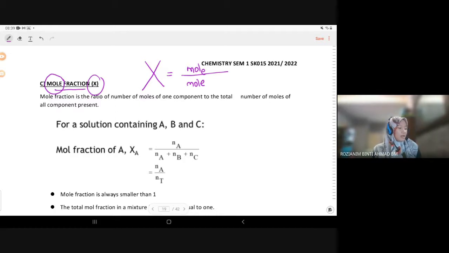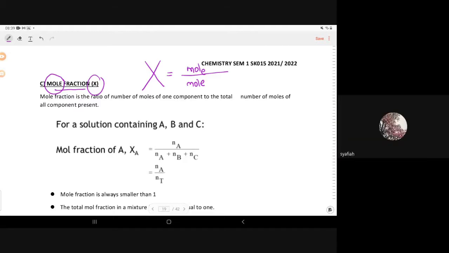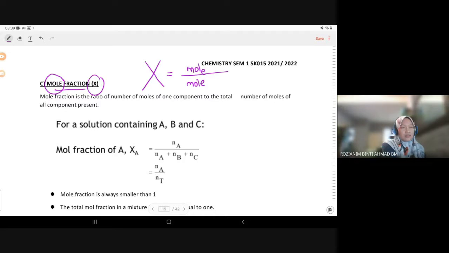Safiah, Nur Safiah, F4T3. Nur Safiah, ada kan? Safiah. Safia. Tak ada attendance ke Safia sekarang ni? Saya go through. Ada kan Safia kan?